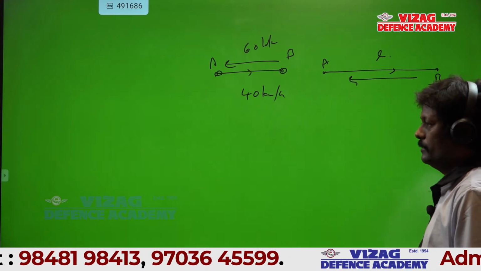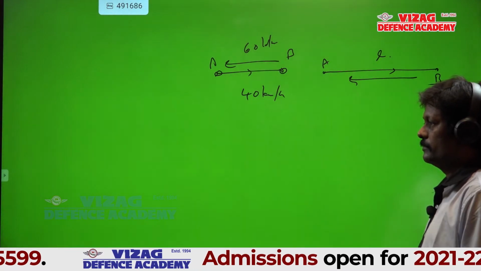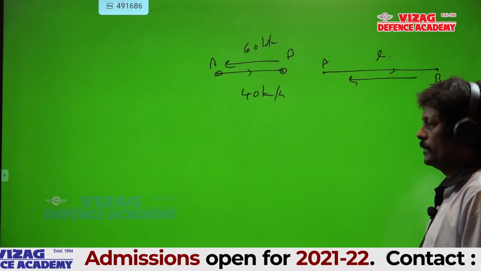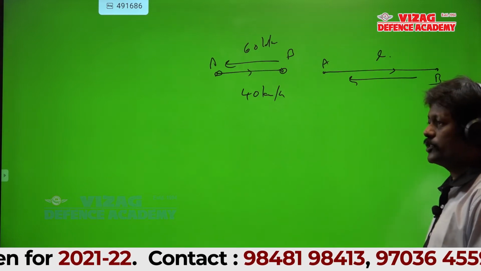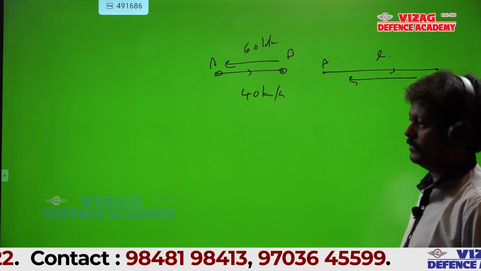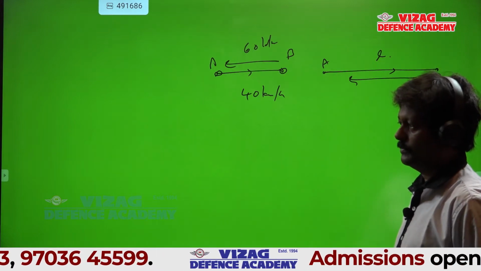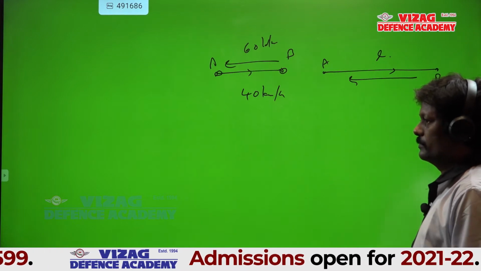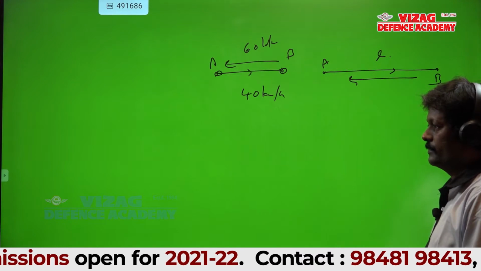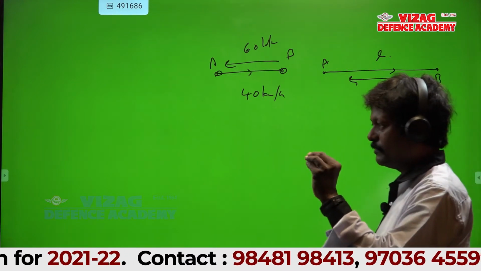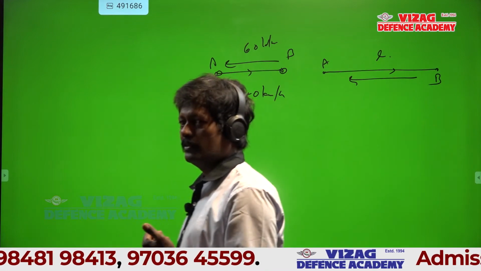Can you tell me the average velocity? From A to B it has a velocity of 60 kilometers per hour, again back from B to A, 40 kilometers per hour. Many students have some answer in mind, but you are afraid to tell that answer. No problem, tell me.